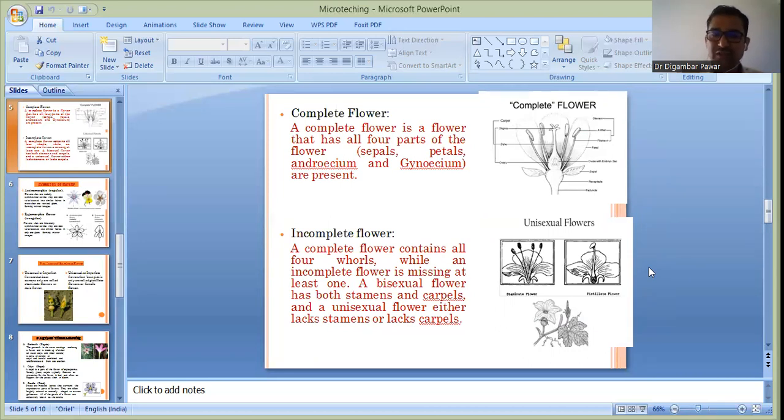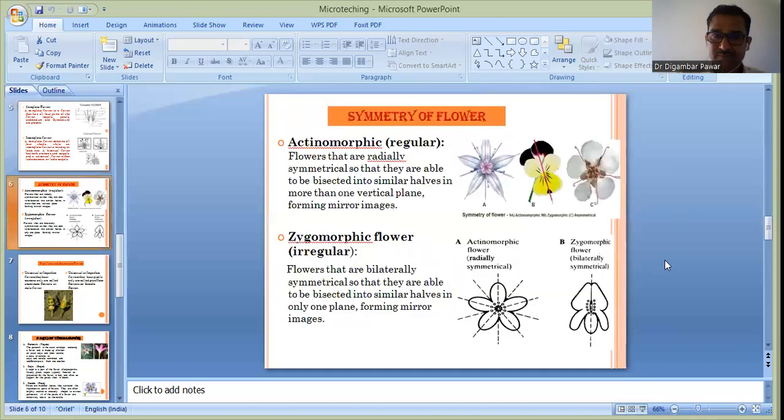The flower is called an incomplete flower. If a flower has both carpels and stamens, like here, the flower is called bisexual, but if the flower is missing either the carpels or the stamens, then the flower is called unisexual.